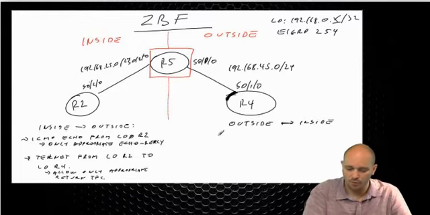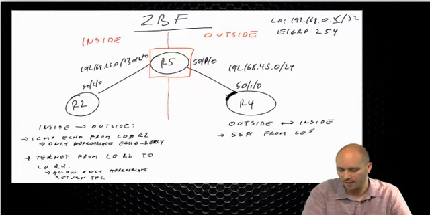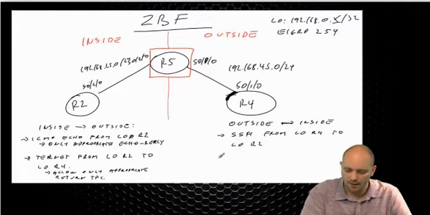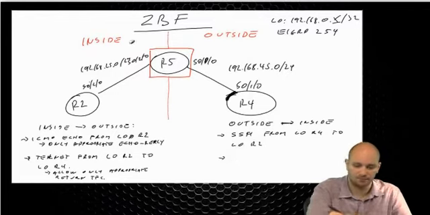I want to allow SSH from loopback 0 of R4 to loopback 0 of R2. Let's just do that, just very, very simple stuff.